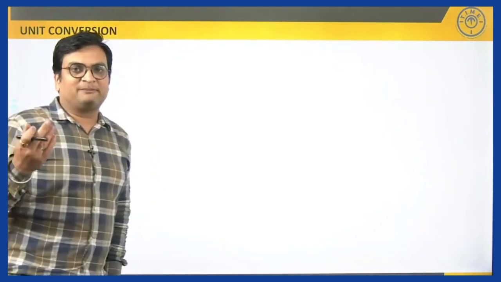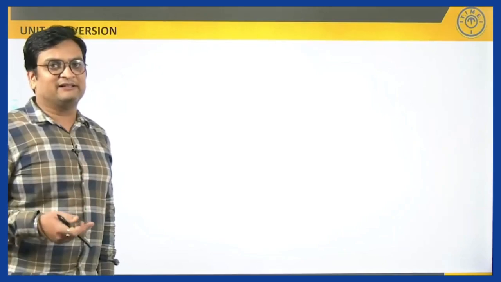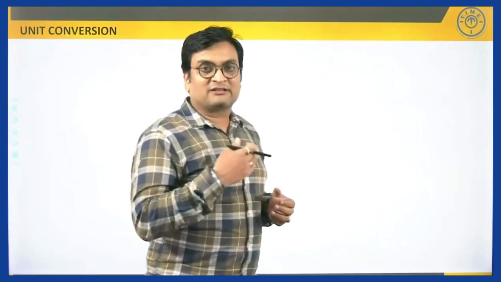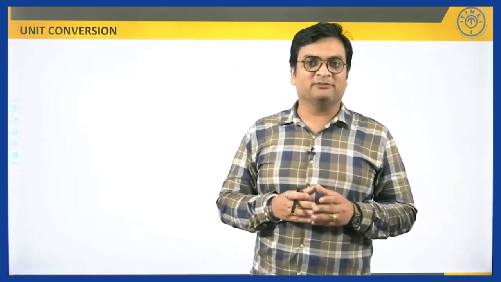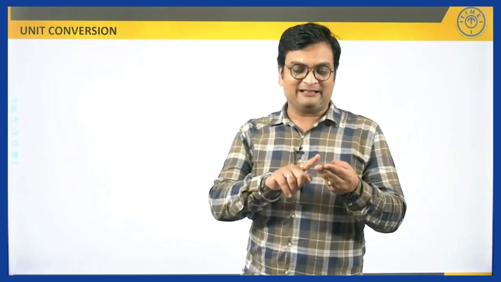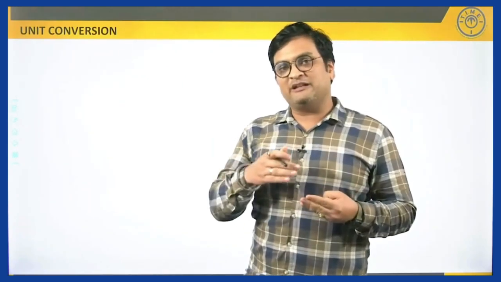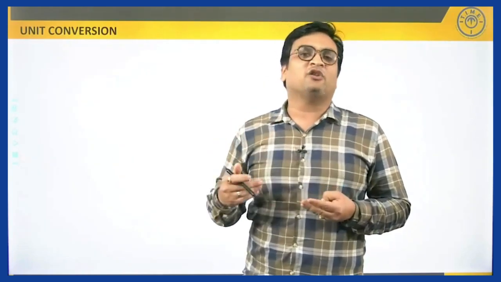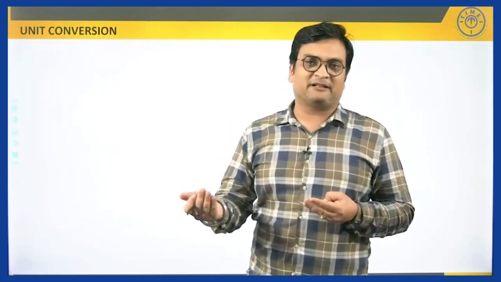So the very first sub-concept that I would be discussing here with all of you is the concept of units conversion. So sometimes in time, speed and distance problems, you would be given the units of speed, distance and time. Now the units could be multiple. For example, speed can be measured either in meters per second or in kilometers per hour or in miles per hour.